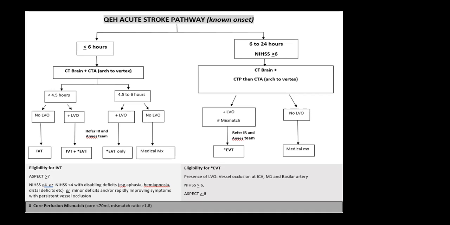Those with NIHSS 6 or more have a high probability of LVO. But I don't want to confuse: it's not that only NIHSS more than 6 will go for CTA, because those with a low NIHSS, like 2, 3 or even 4, can have LVO. The risk is just lower compared to those with more than 6, but we also don't want to miss them.